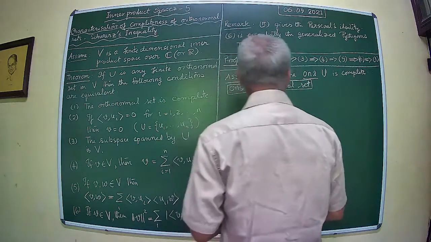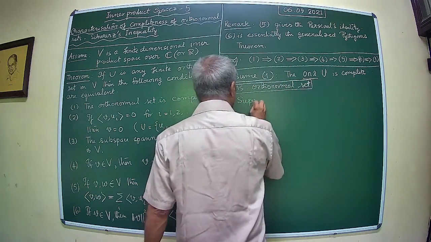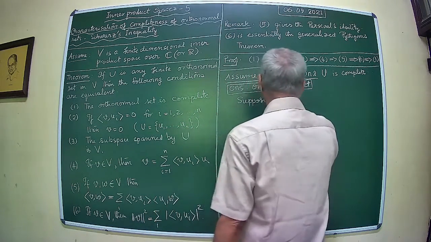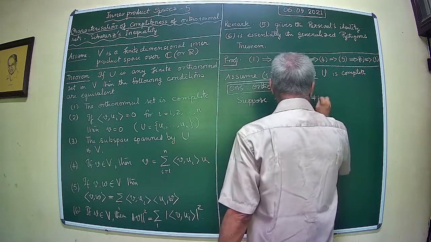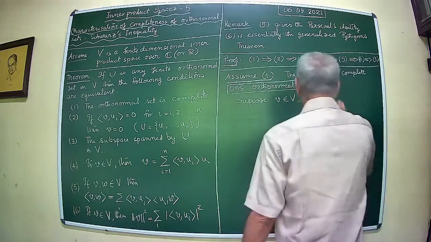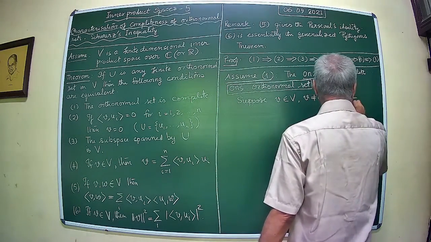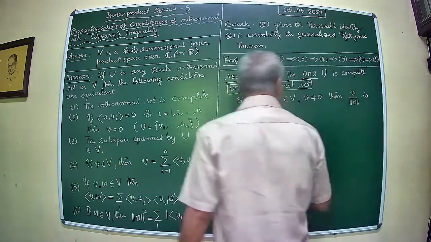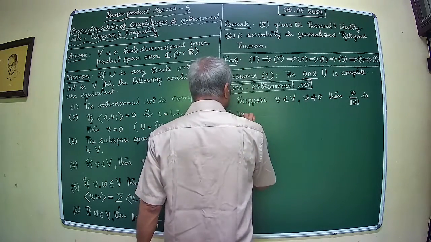Then suppose V belongs to the space, V not equal to 0. Then V by norm V is a unit vector.